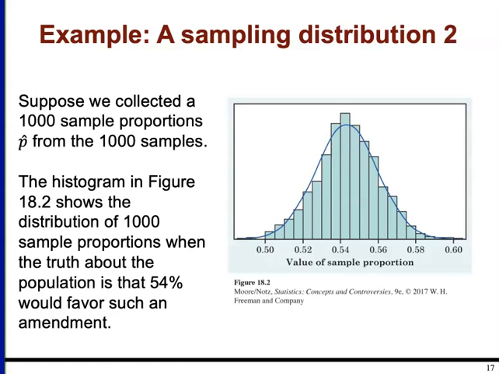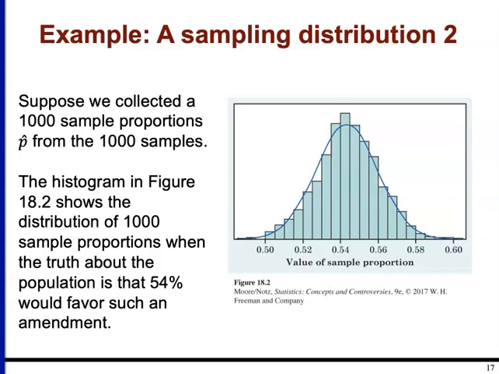So this histogram is representing 1,000 different samples, and we have plotted the value of the sample proportion. How many said yes out of that sample? And the center of this distribution should be around the true population proportion.